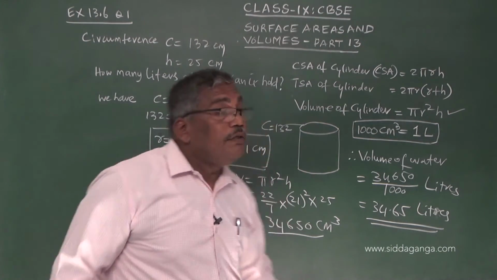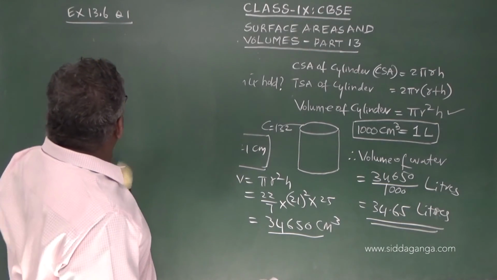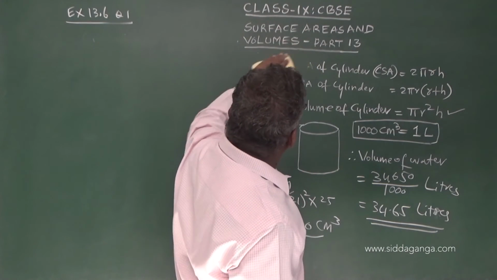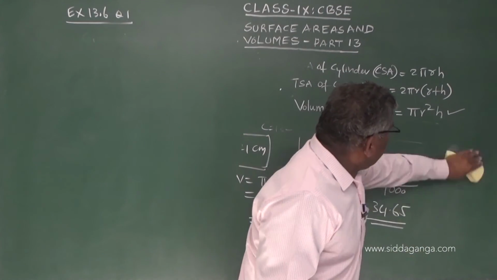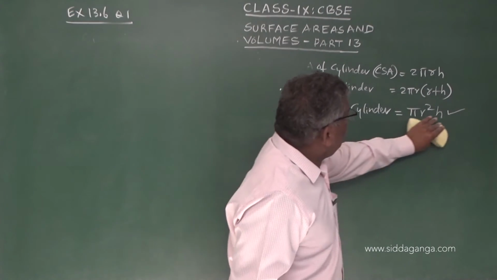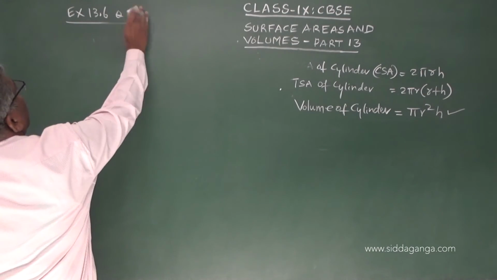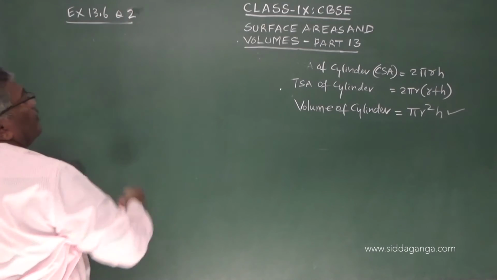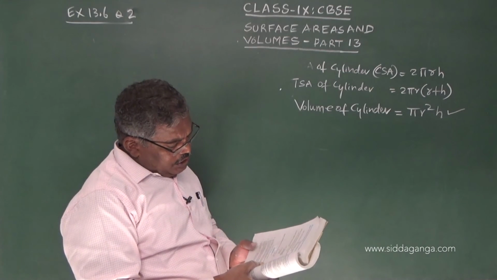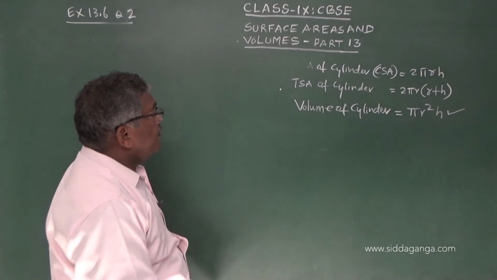Now I will move on to problem number 2. The inner diameter of a cylindrical wooden piece is 24 centimeter.